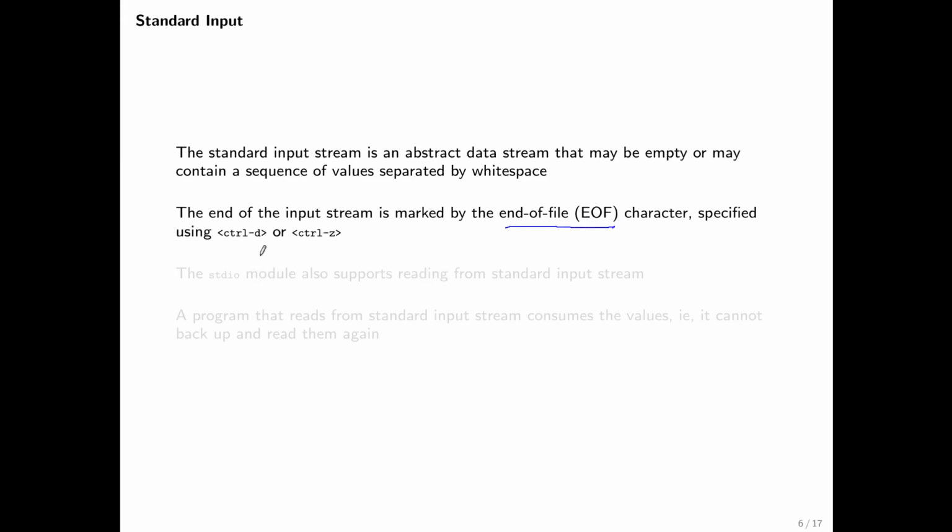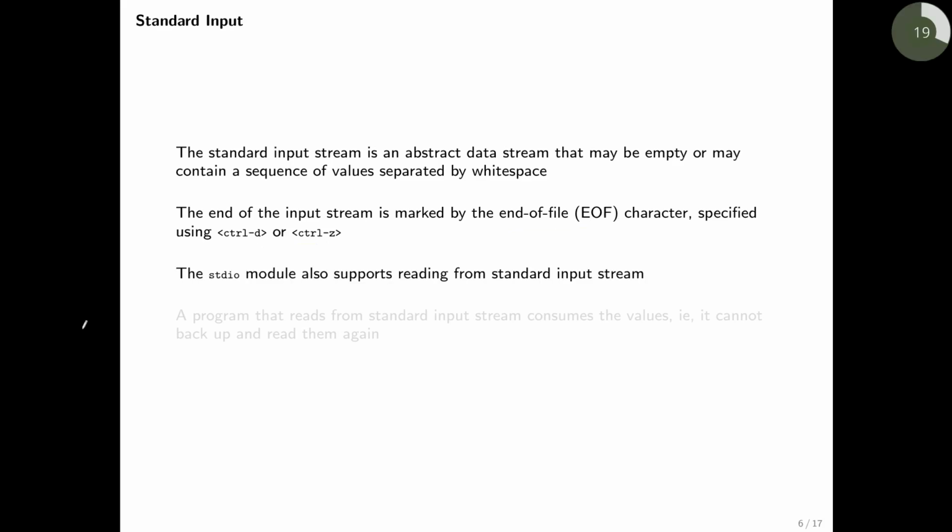That is specified on a Unix-like system using the key combination Control-D, or Control-Z on Windows-like systems. So these key combinations simply map to EOF. So the input stream is nothing but a sequence of values separated by white space, and at the end of the stream there is the end of file character.